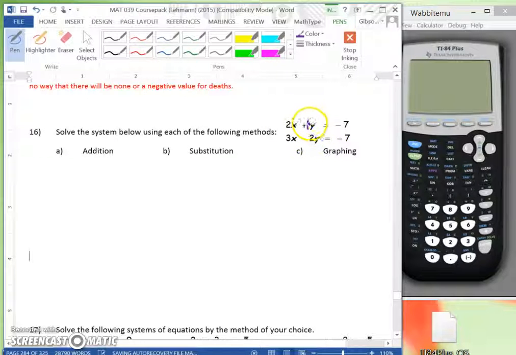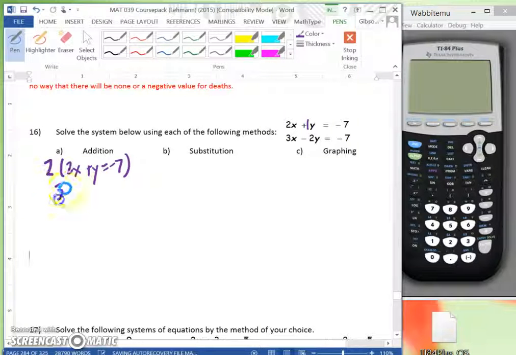So if these were denominators of a fraction, we would ask ourselves, what do 1 and 2 have in common? It would be 2. So this bottom equation already has 2 in front of y, but the top equation does not. So we ask ourselves, 1 times what gives us 2? We know it's 2. So we would take 2 and multiply it by this top equation.